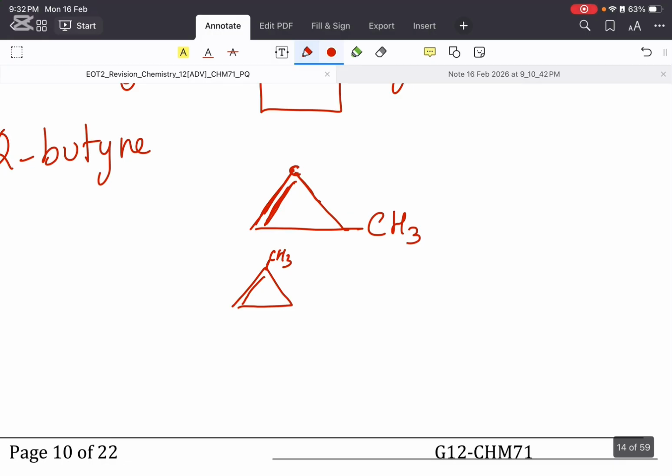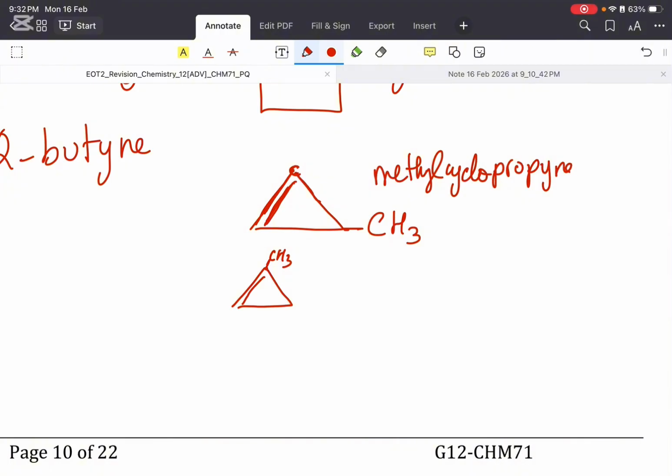So that's a methylcyclopropene. Now this compound is cyclopropene. It's not stable, but it exists. The double bond is between the first and the second. Okay?